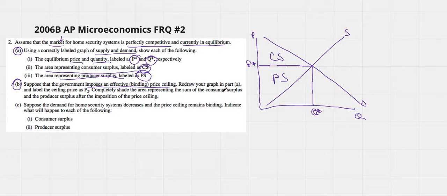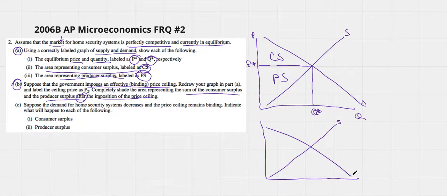B. Suppose the government imposes an effective or binding price ceiling. Redraw your graph in part A and label the ceiling price as P2. Complete shading the area representing the sum of the consumer surplus and producer surplus after the imposition of the price ceiling. All right, so let's do it here. We've got supply, we've got demand, P's and Q's.